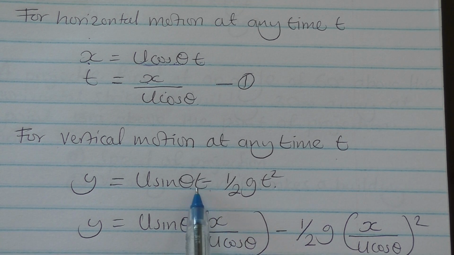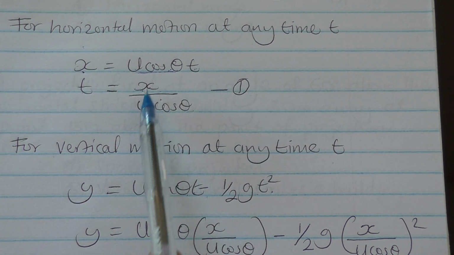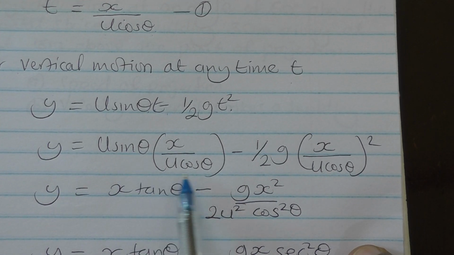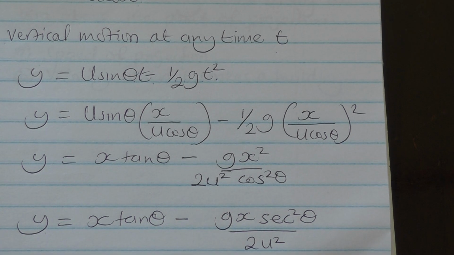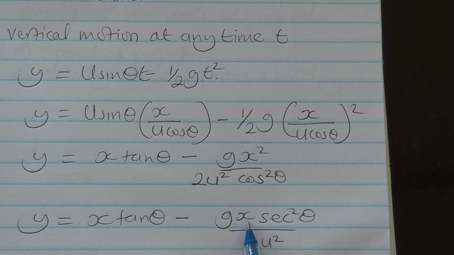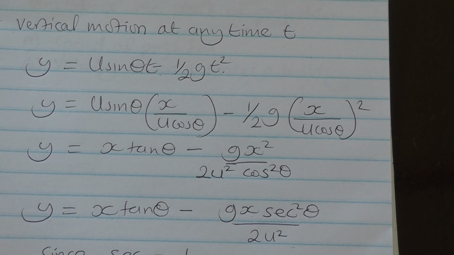And therefore, when we substitute for t with x over u cos theta, that gives us a final expression as y equals x tan theta minus g x squared sec squared theta over 2 u squared.